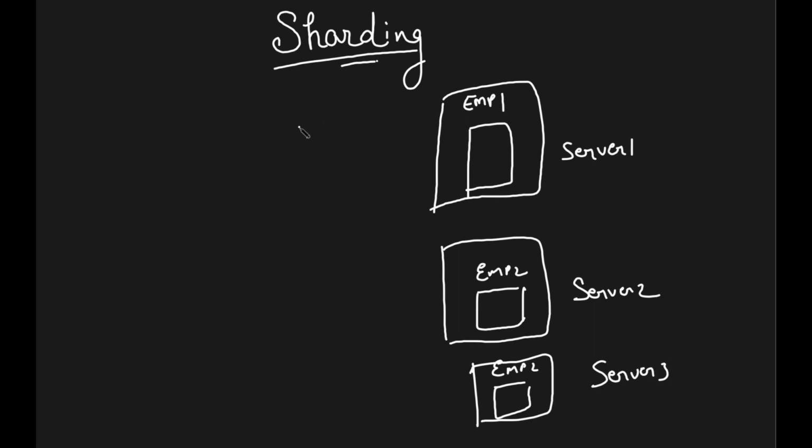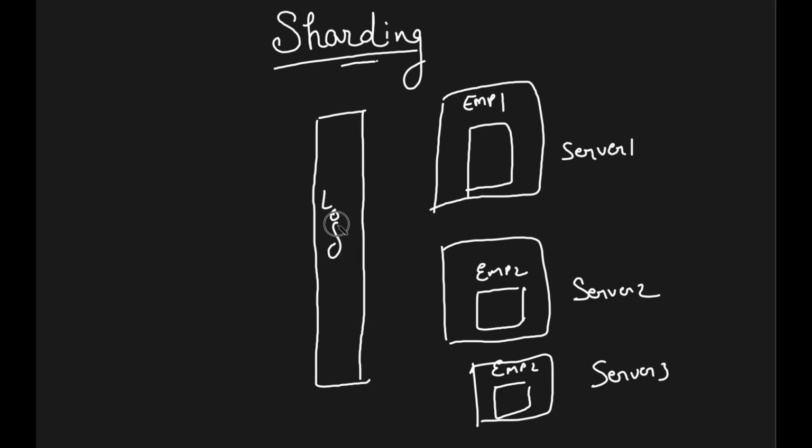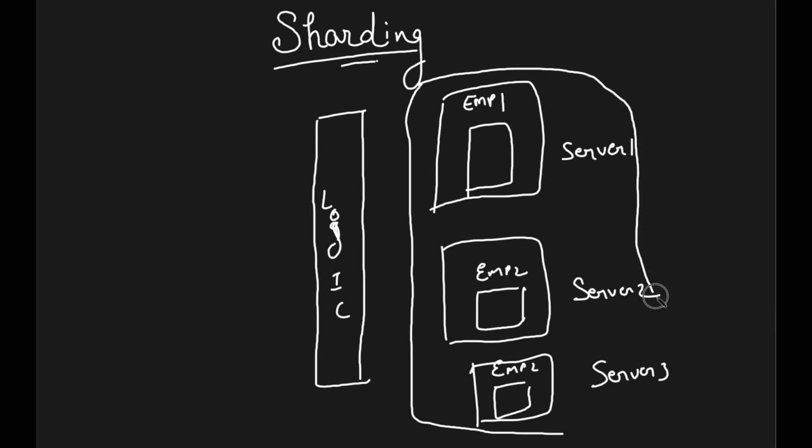Now, as with table partitioning, we should have a kind of logic around it so that it can divert the user queries, or the users, to the correct server. In some databases this logic comes out of the box, but in some database cases you have to build that logic, how you send your request to which server, written by the developer itself.